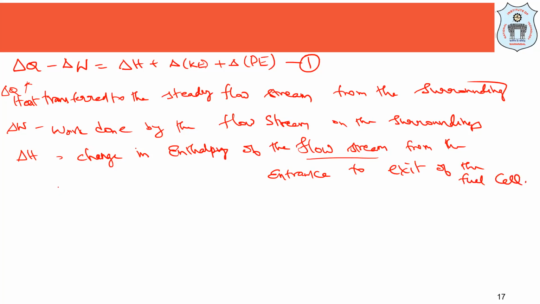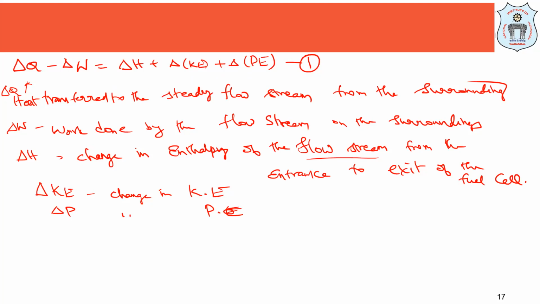And delta KE is change in kinetic energy. Delta PE is change in potential energy. Remember, in this system, we can say the change in kinetic energy and potential energy are negligible in comparison to delta W, delta H, all that.